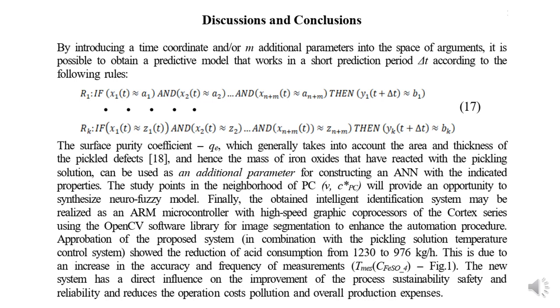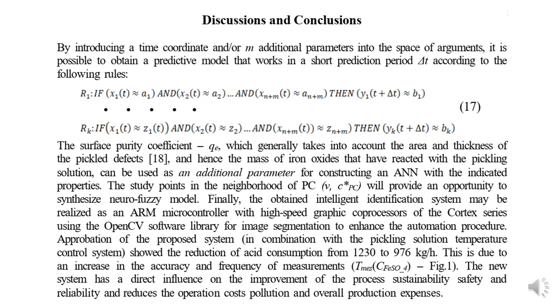The surface purity coefficient QE, which generally takes into account the area and thickness of the pickle defects and hence the mass of iron oxides that have reacted with the pickling solution, can be used as an additional parameter for constructing an artificial neural network with the indicated properties.